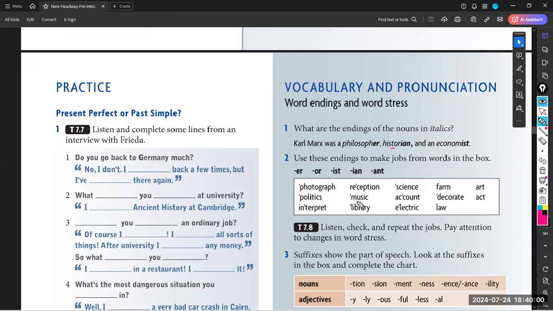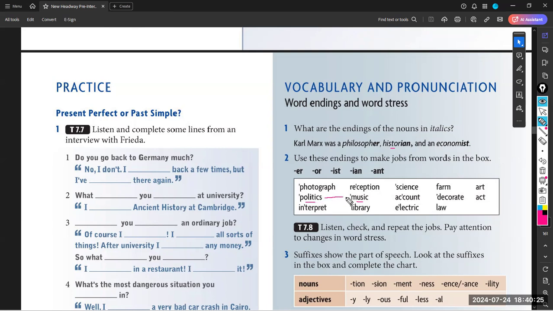Now music. Musician. Are you sure? Try again. What did I say here?